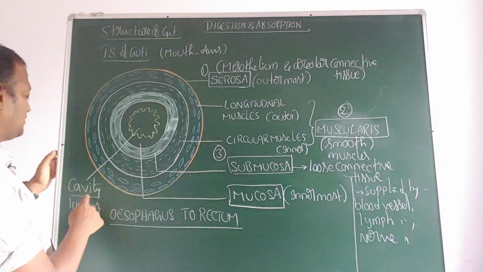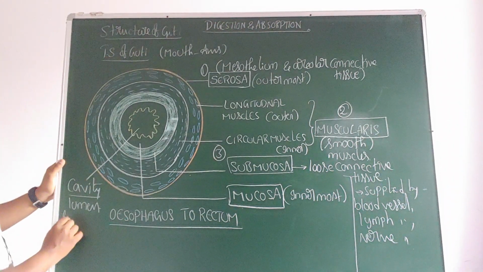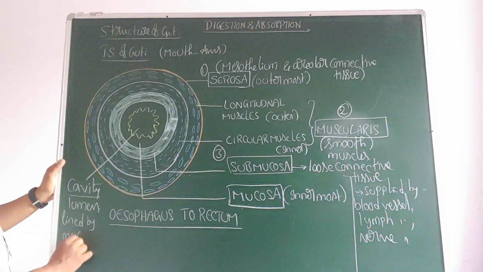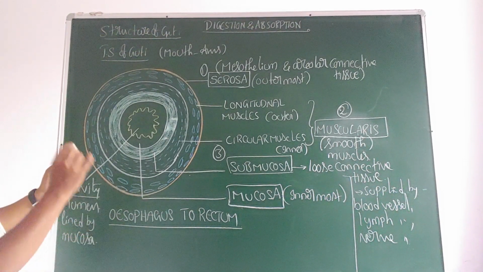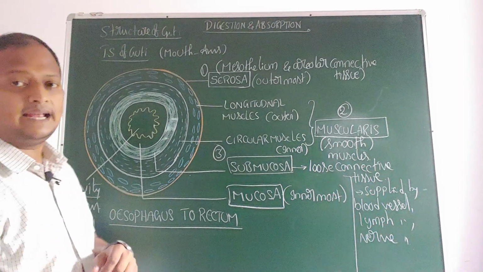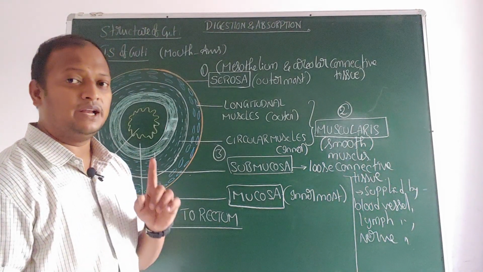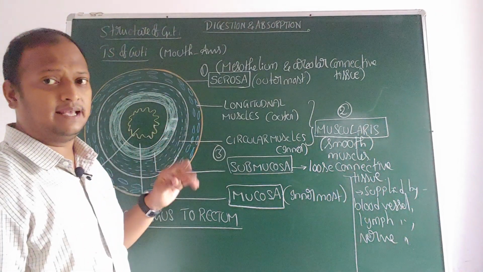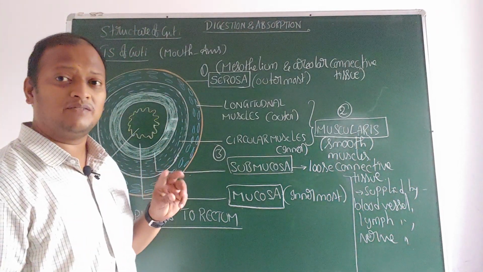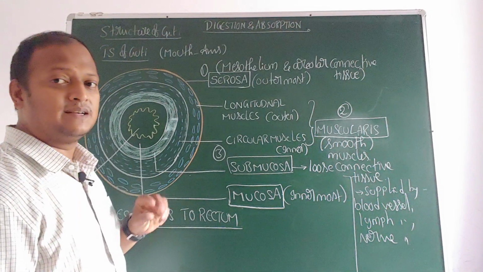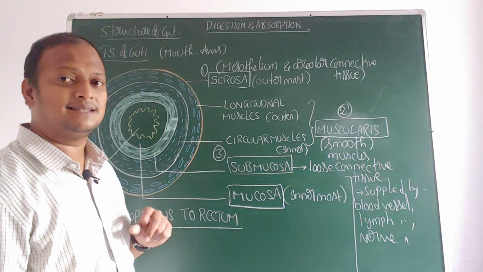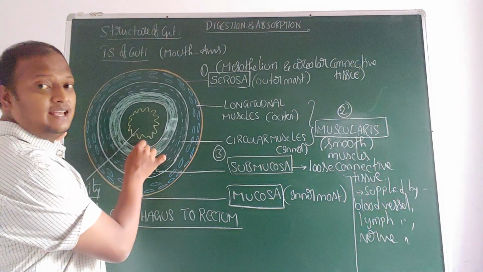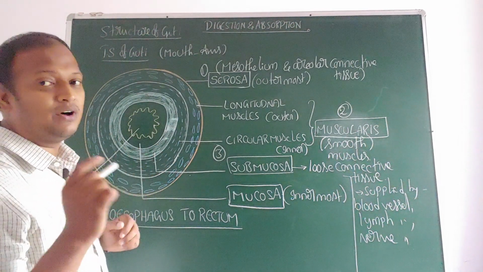Okay, students. So the cavity or lumen is lined by the mucosa. You need to remember here that serosa and muscularis are the same throughout. Some modifications or changes take place in the region of the submucosa and mucosa layers according to the portion of the gut.